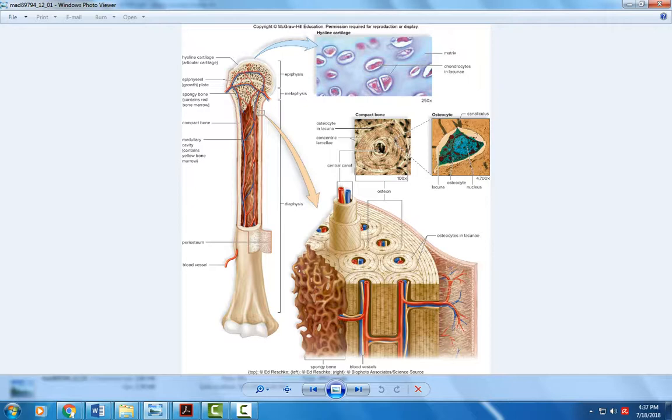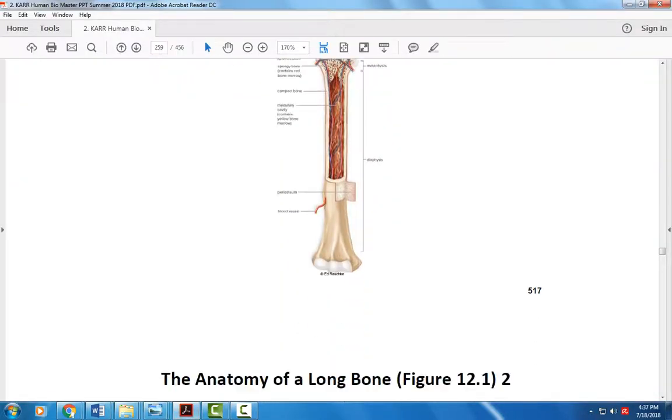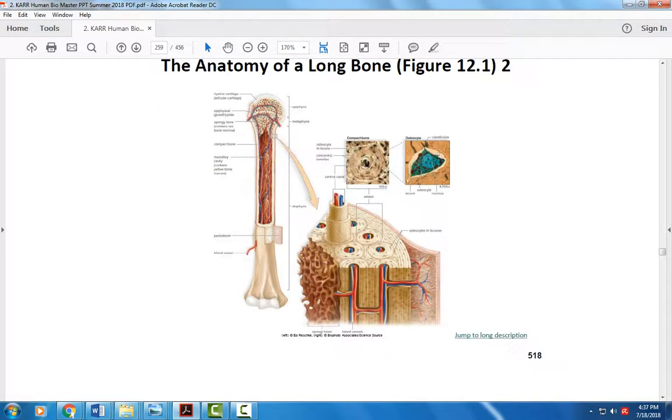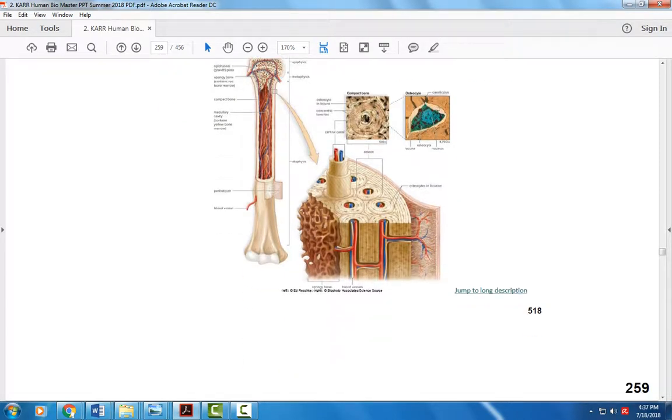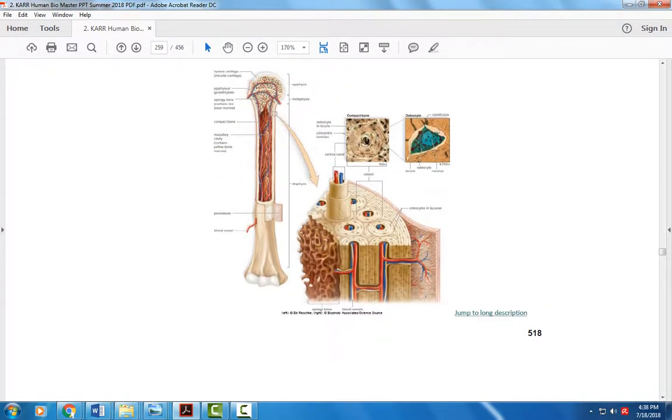So moving back then to our PowerPoint or your notes page, we can see that if we look at compact bone, the cells that make compact bone are arranged in these circular units called osteons. So just in this outer edge here, we have all of this solid bone tissue with each little circular osteon, which is just circular layers of bone containing an artery, a vein, and a nerve.